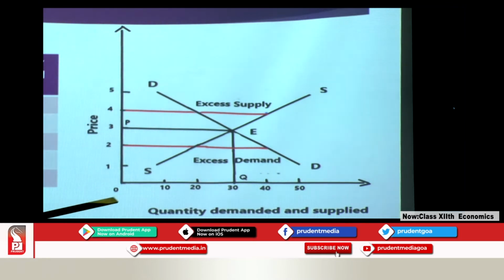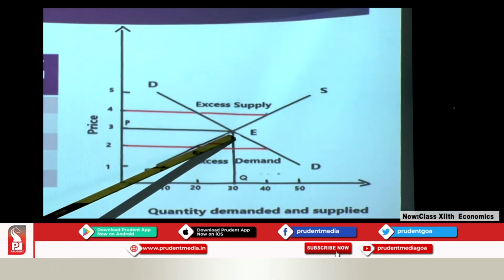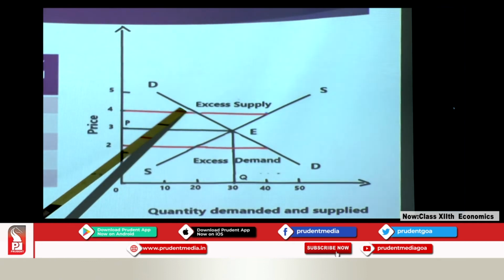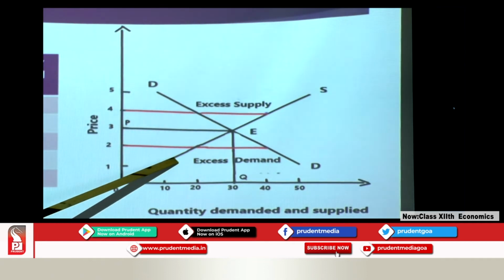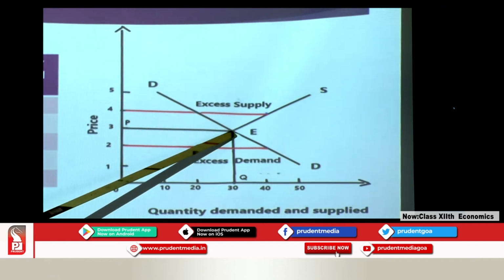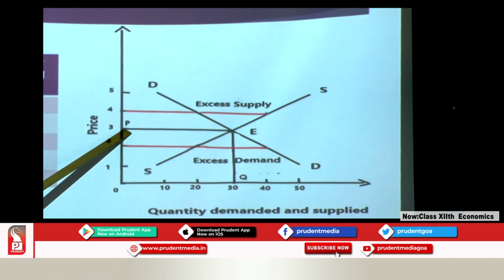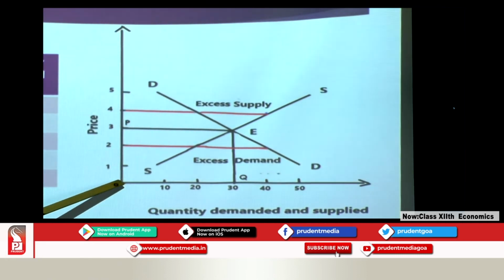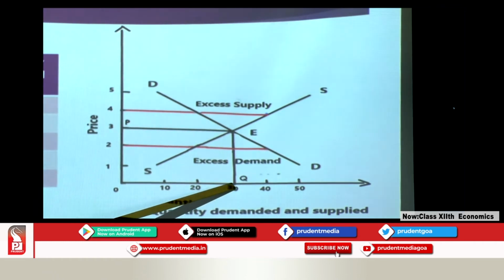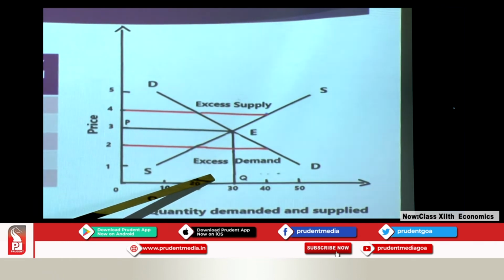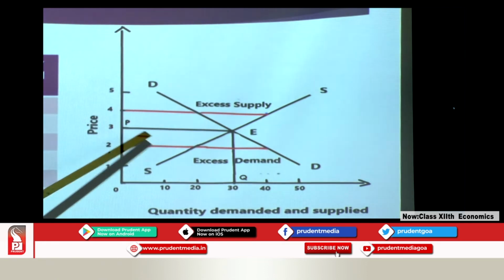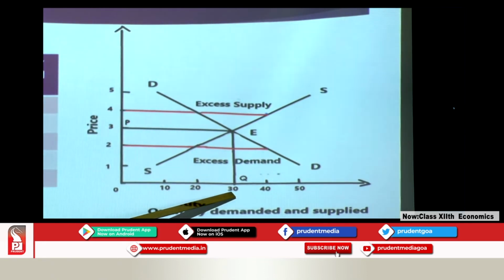At the equilibrium, if you see, it is a point at which the demand curve and the supply curve intersect, and the corresponding price and the corresponding quantity is the equilibrium price, which in this case you can see is OP, and the equilibrium quantity, which in this case is OQ, or in this example the equilibrium price is 3 and the equilibrium quantity is 30.